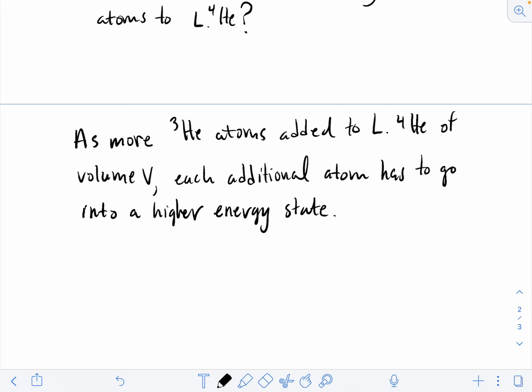And it's because the helium-3 atoms are fermions that they have to occupy higher and higher energy states as we add more and more particles. And that's going to be an important point. And so this is because of the Pauli exclusion principle for fermions.